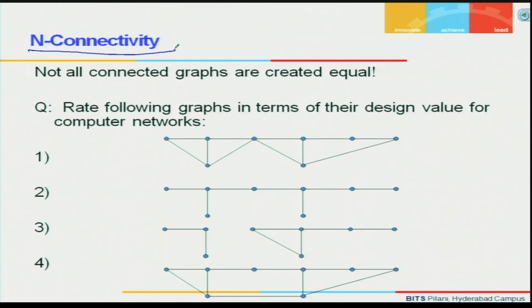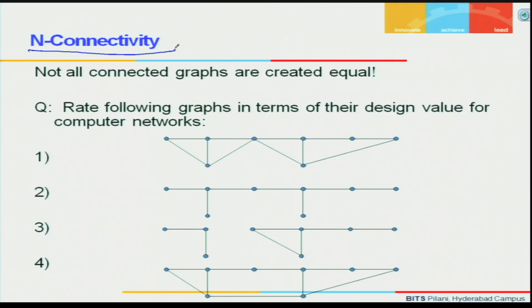And this is very much applicable in computer networks. Say you have got a computer network, meaning all the computers inside the network are connected, be it LAN, WAN or whatever it is. And the interesting thing is, how many computers should go down so that the network becomes disconnected?